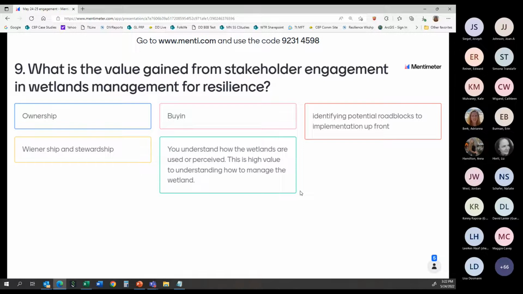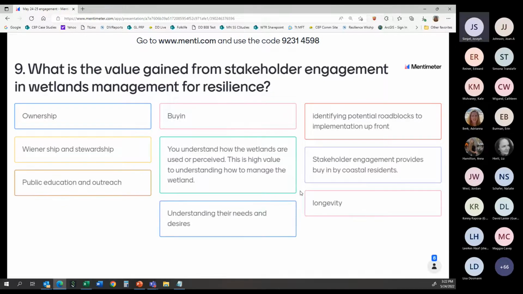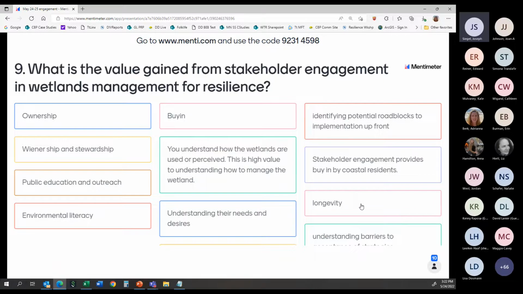Leadership and stewardship. You understand how the wetlands are used or perceived. This is the high value to understanding how to manage the wetland. Other values gained: longevity. Stakeholder engagement provides buy-in.